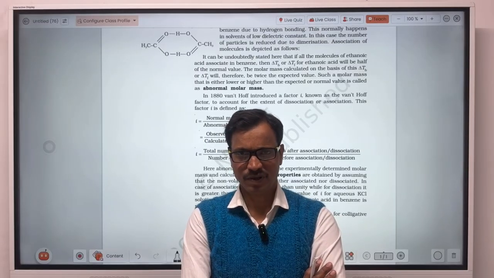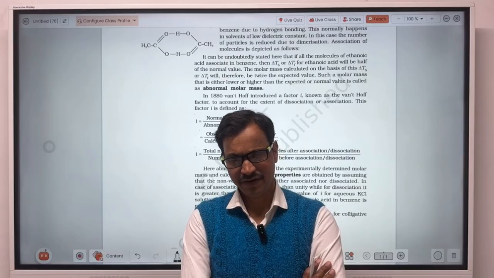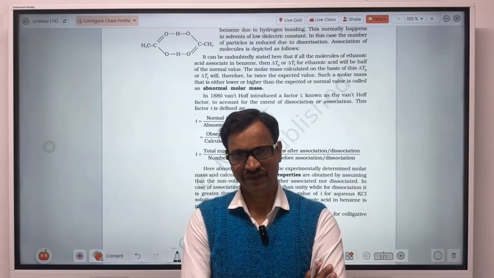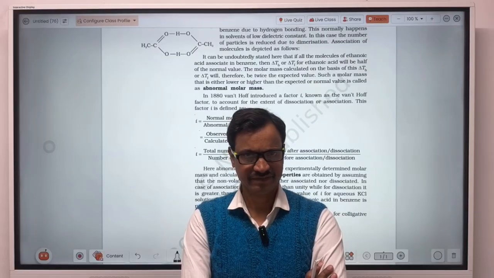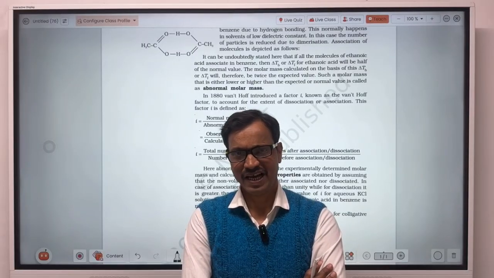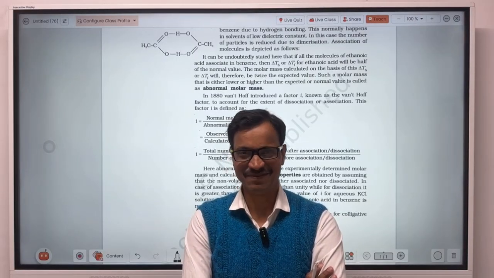When the lower member of carboxylic acid is in vapor phase or when it dissolves in an aprotic solvent, then they will dimerize. What is dimerization?